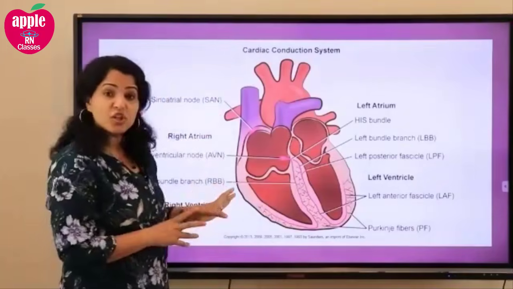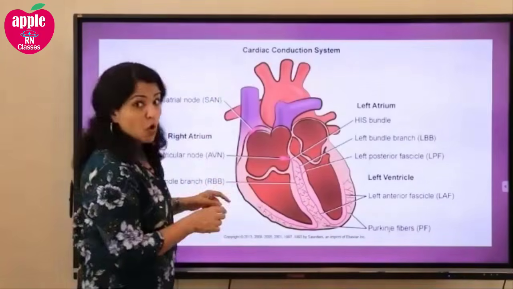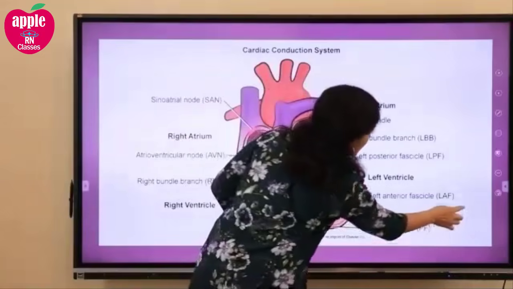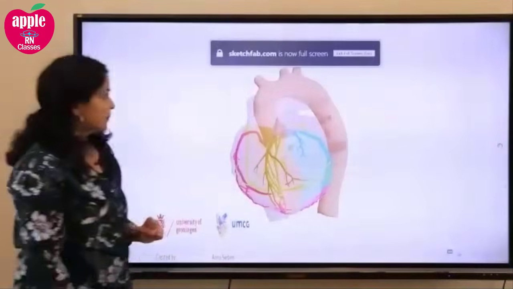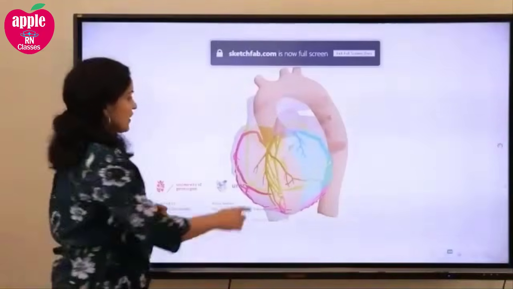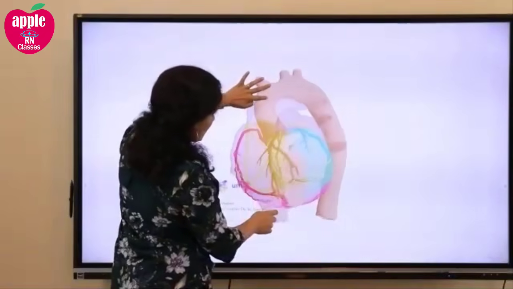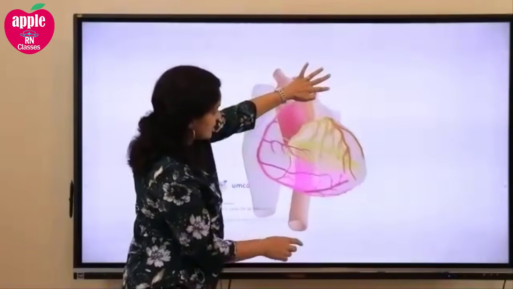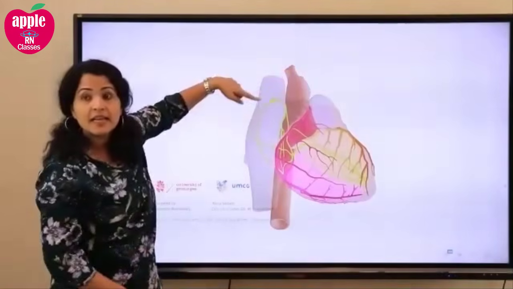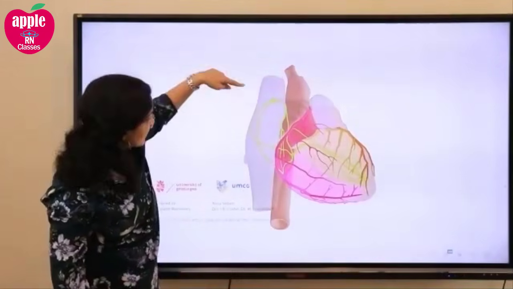This is a picture, but I'm going to show you a 3D model, which will show a little bit more. In this one, you can probably see how the conduction system goes. The yellow lines represent our conduction system.